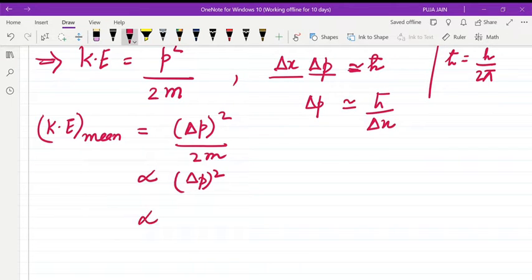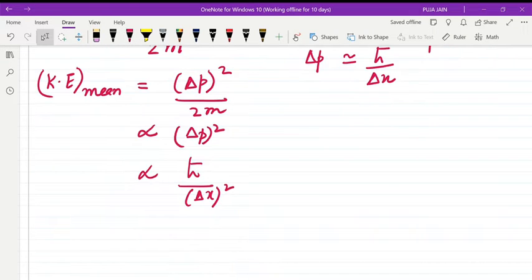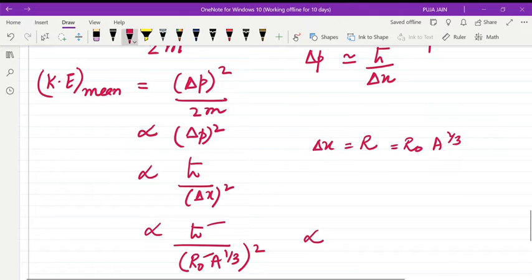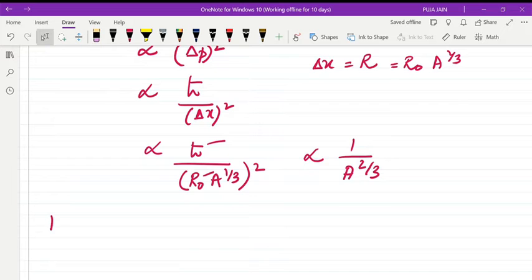So if we substitute this value, h cross by delta x square, where delta x is the radius of the nucleon, which is r is equals to r naught A to the power 1/3. So h cross by r naught A to the power 1/3 square. h cross is constant, r naught is constant, so the variable quantity is only A. So we can say that kinetic energy is proportional to A to the power minus 2/3.